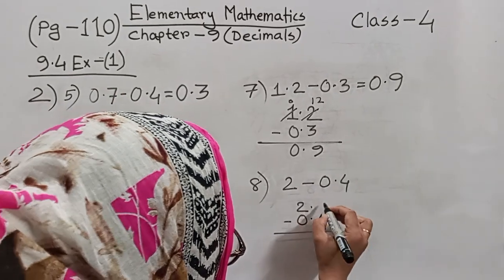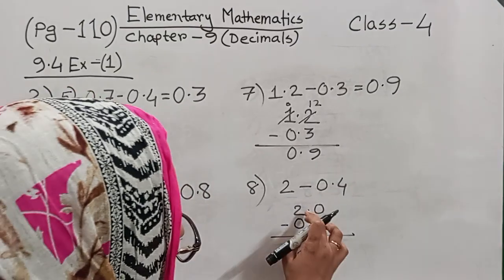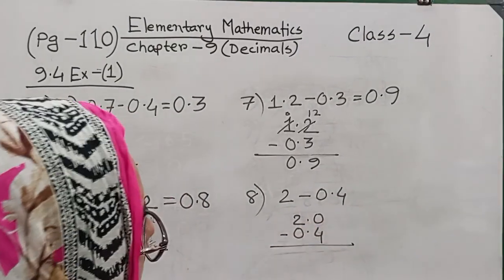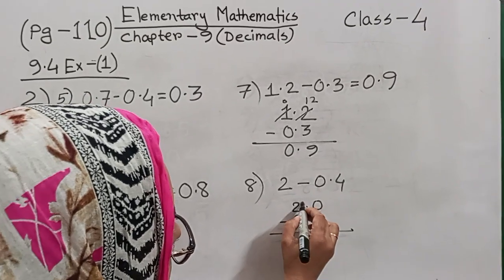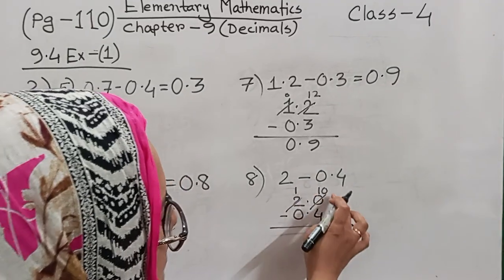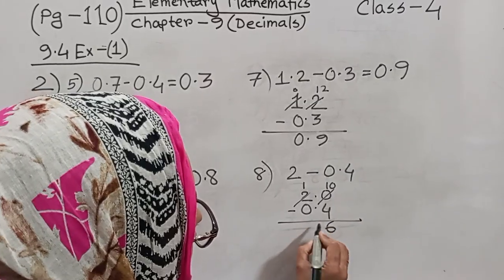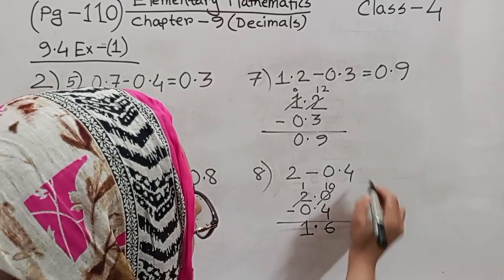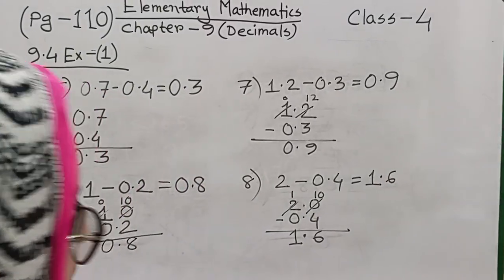For subtraction I will take 0 just after the decimal point of 2. We cannot subtract 4 from this 0. So I will take 1 and it will become 10 and it will become 1. 10 minus 4, 6. 1 minus 0, 1. So this is 1.6. Finished.